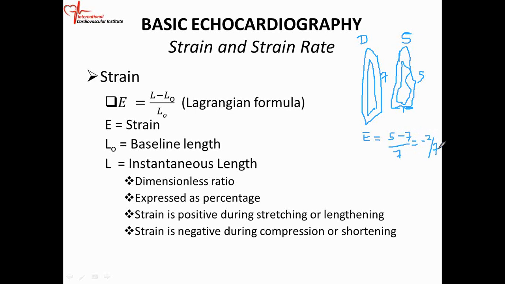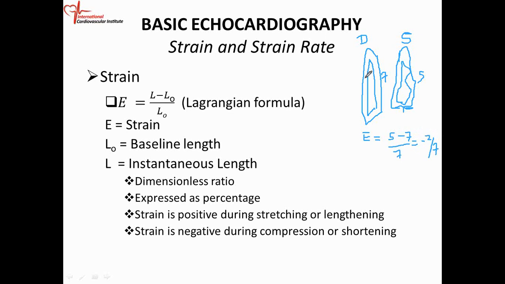Strain is a unitless number. As a matter of fact, strain is a fraction, and when we represent it, we put it in terms of percentage. So this would be minus 2 over 7, which is very close to 0.3 or 30%. So we usually put strain as a percentage. When you look in reporting, it's going to be in a percentage.